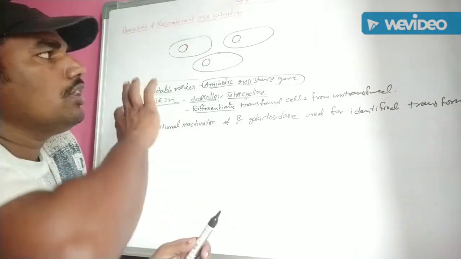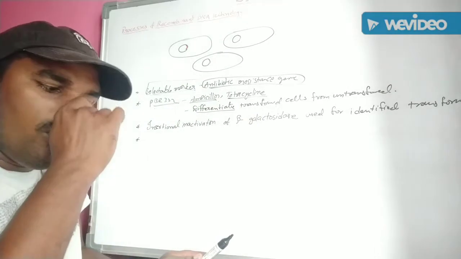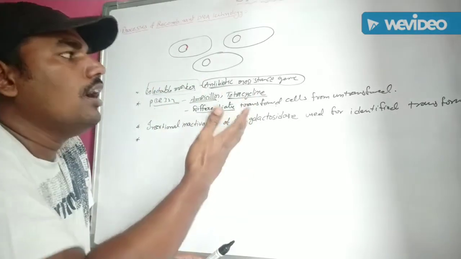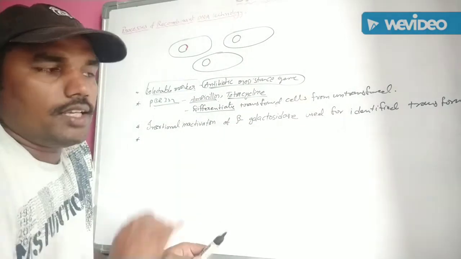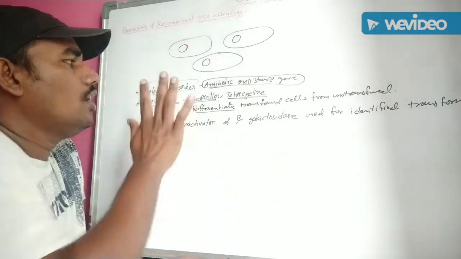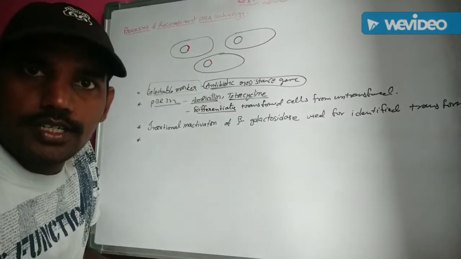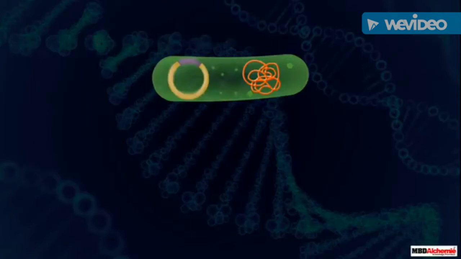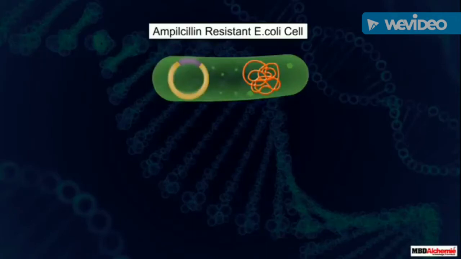In this way, before obtaining the foreign gene product, we select transformed cells in the medium with the help of selectable markers and insert it in the E. coli cells. On doing so, the E. coli cells become resistant to ampicillin.